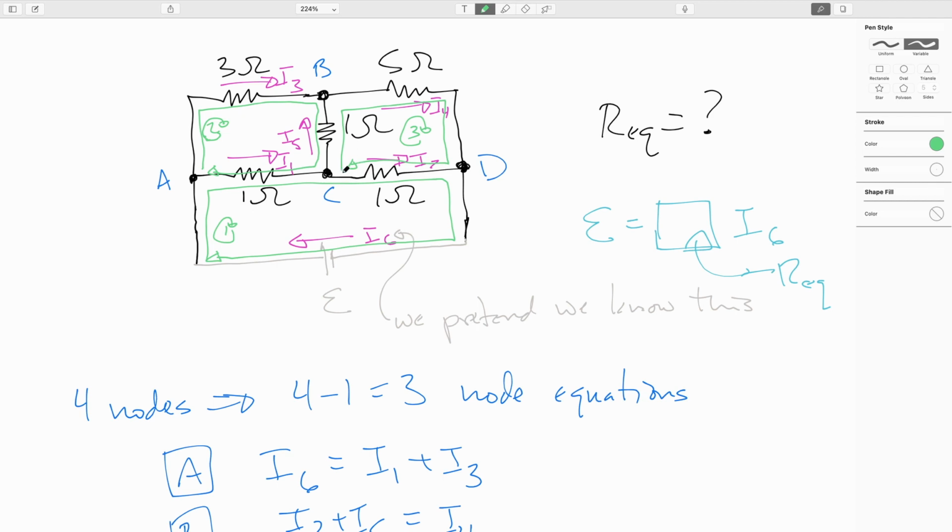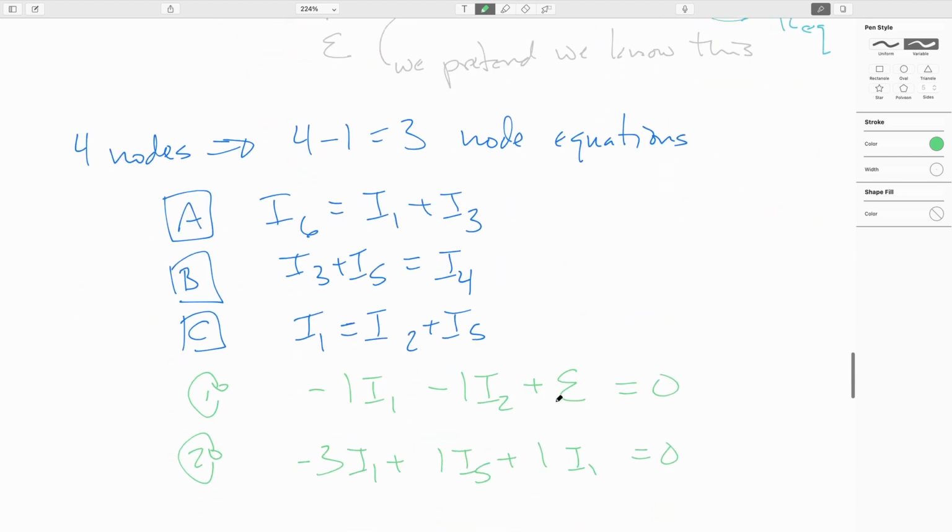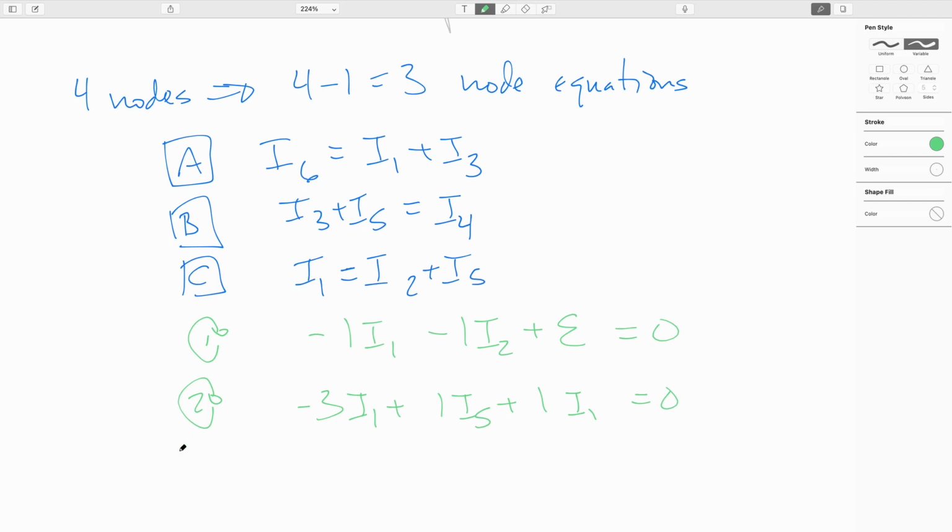So walking my imaginary dog along here, this will be minus 1I5 minus 5I4, and then I'm going against the current here, so plus 1I2, and that's going to equal 0. And there is my system of equations.